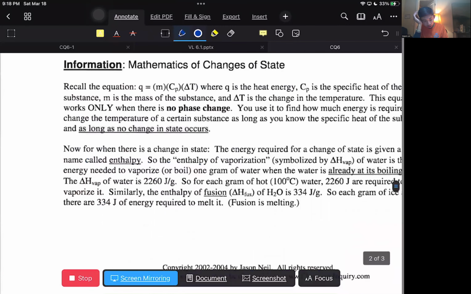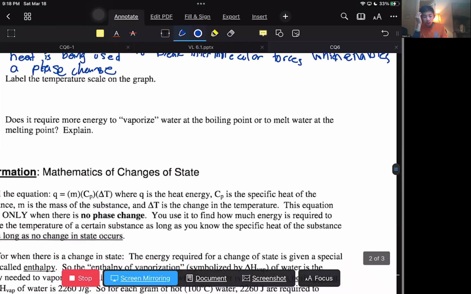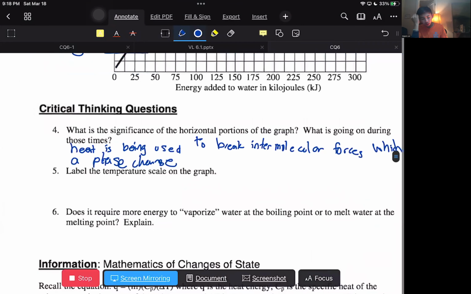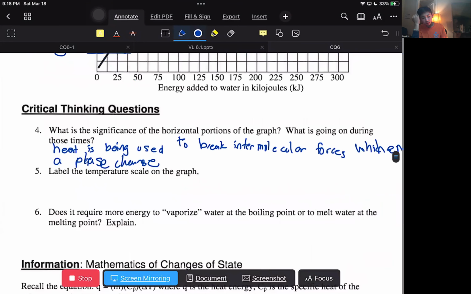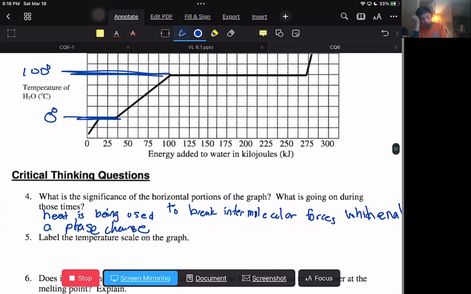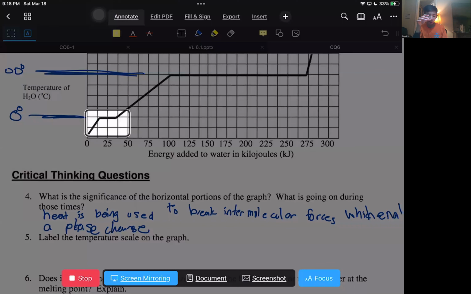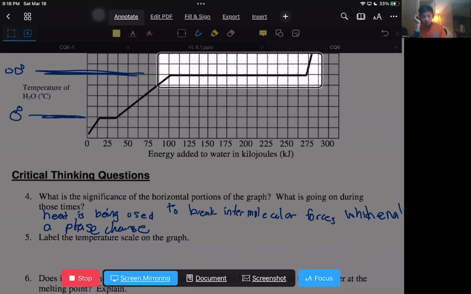All right, number six. Does it require more energy to vaporize the water at the boiling point or to melt water at the melting point? Explain why. Does it require more energy to melt, which is here, or to evaporate, which is there?